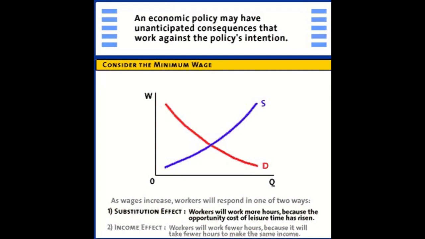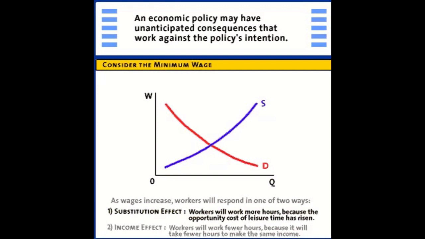So the demand curve represents the behavior of firms. They demand a larger quantity of labor when the wage falls, and the supply curve represents the behavior of households. They supply more labor hours as the wage rises. Suppose we have an unregulated market. In a free market, equilibrium would be established where the quantity supplied and the quantity demanded are equal.